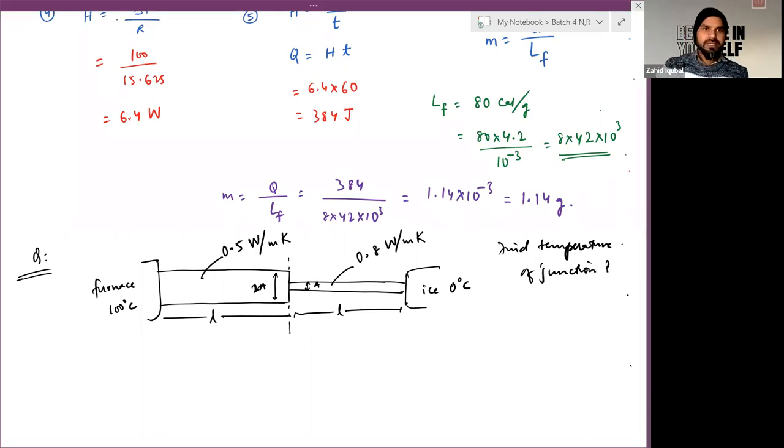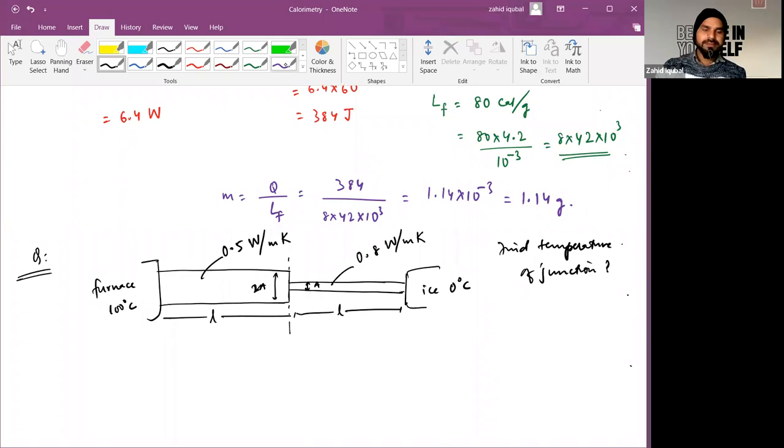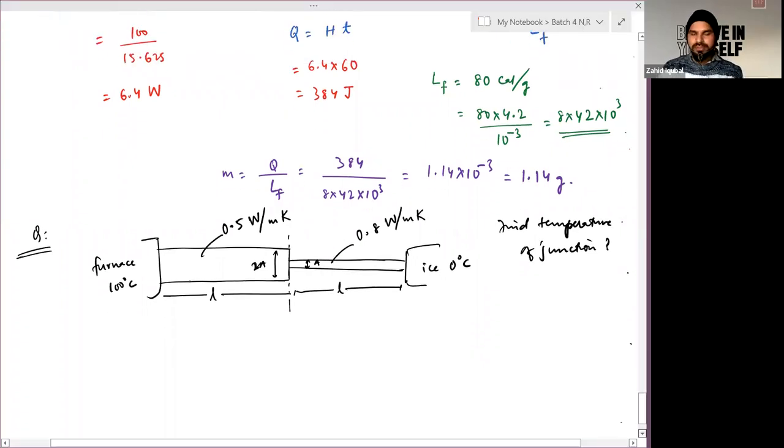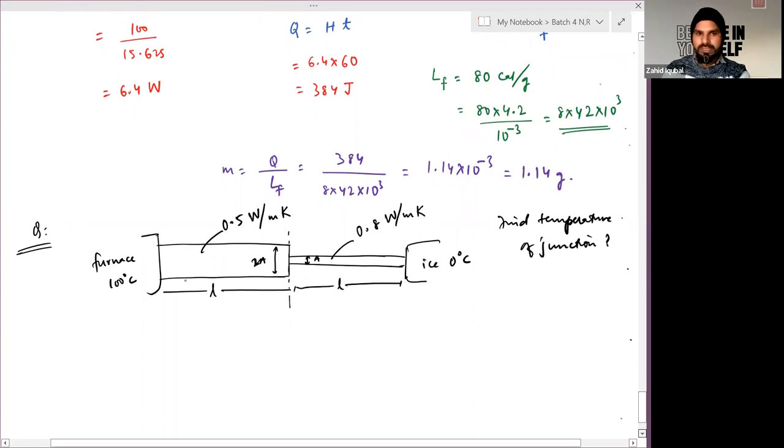For this part, let me give you some hint. Due to temperature difference, there will be some heat current flowing from higher temperature to lower temperature. Let's say first heat flows across this conductor to reach this end at T naught.